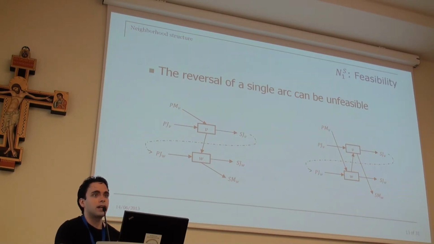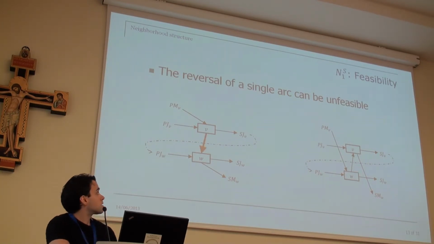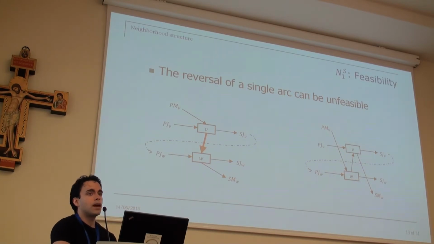There is another concern, and that is reversing an arc can lead to an unfeasible schedule. Let us suppose that these tasks B and W are consecutive tasks in a machine, and we want to reverse this arc, the arc from B to W. And let us suppose that there is an alternative path from the job successor of B to the job predecessor of W. If that path exists, then the neighbor will have a cycle, so it's going to be non-feasible.